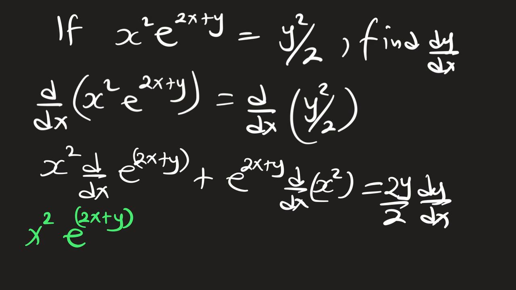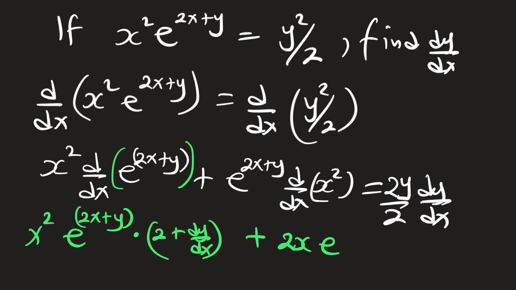So I write e to the 2x plus y, and then I take the derivative of 2x plus y, which is 2 plus dy/dx. Plus 2x e to the 2x plus y, equal to y dy/dx. So that is also important. If you know how to take the derivative of exponential functions, then that's very, very important.